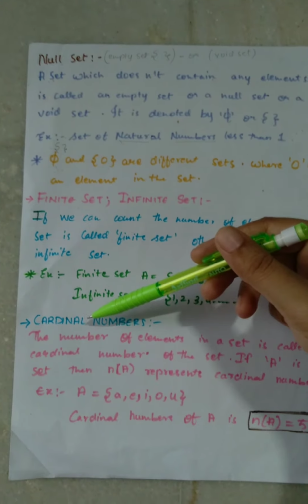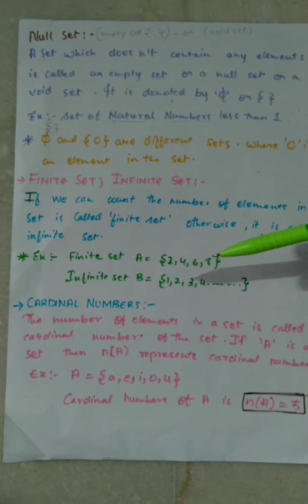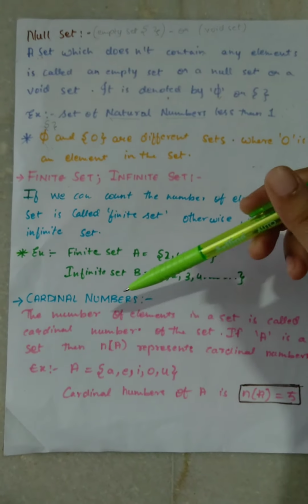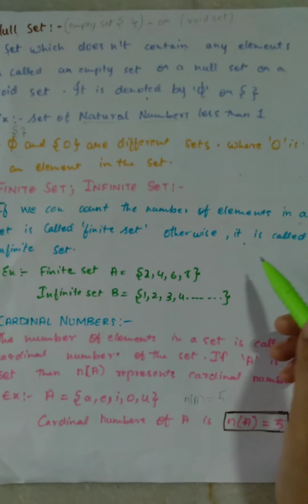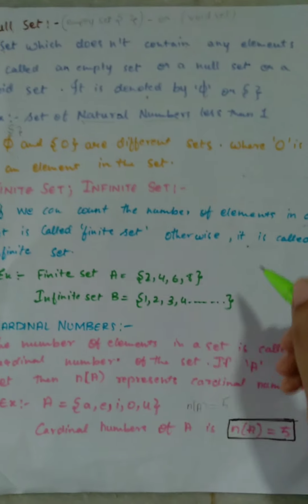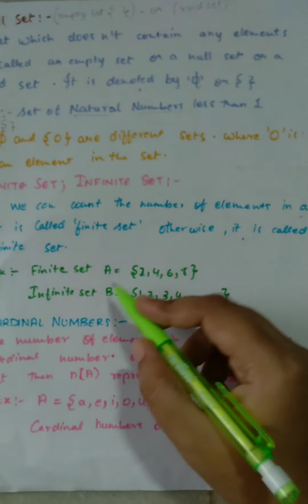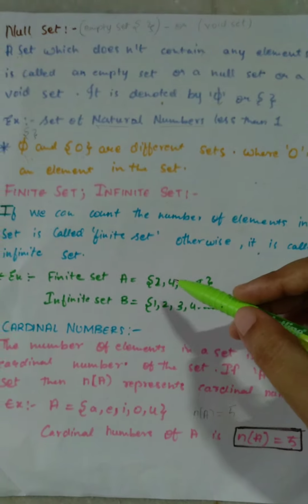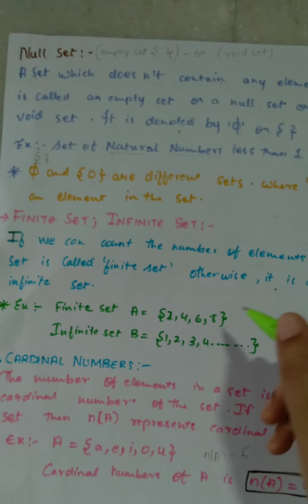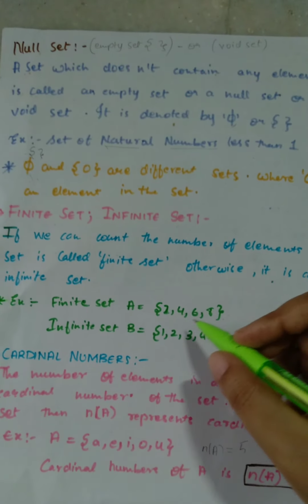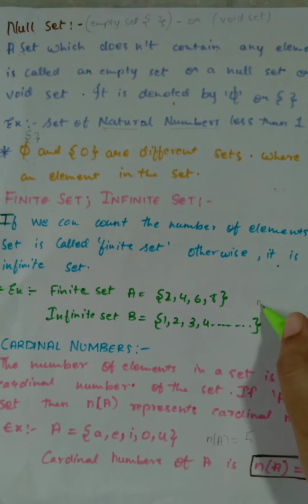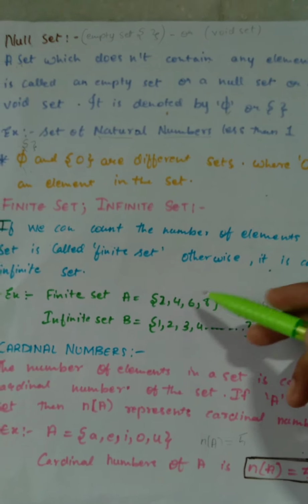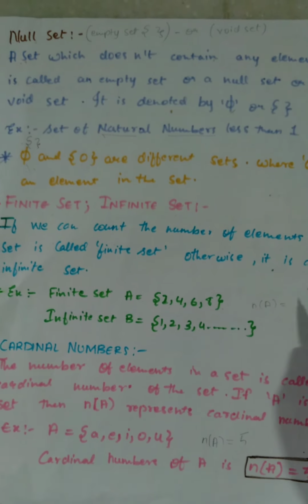Here the next definition is cardinal numbers. The number of elements in a set is called the cardinal number. Look here, how many elements are there in the finite set? I'm giving an example of the cardinal number of a set. How many elements are there in finite set A? n of A is equal to how many elements? 1, 2, 3, 4.